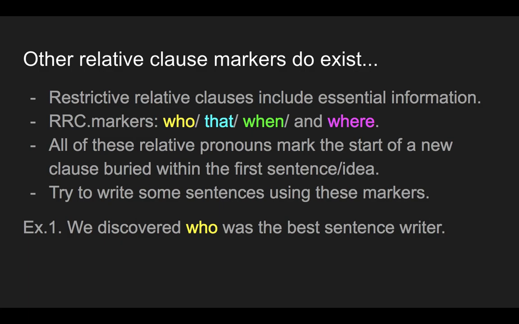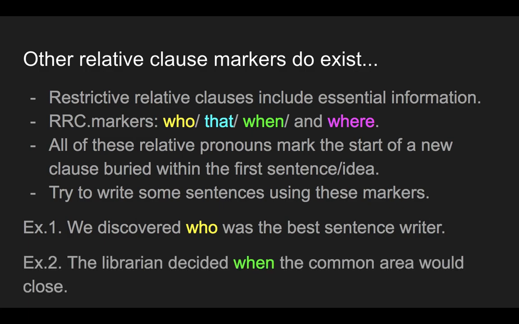So now this one's quite interesting because actually in this additional piece of information, the restrictive relative clause, who was the best writer, you'll actually see that the relative clause marker is also acting as the subject. So that's totally, completely okay and allowed.